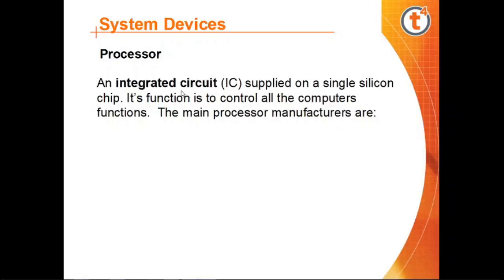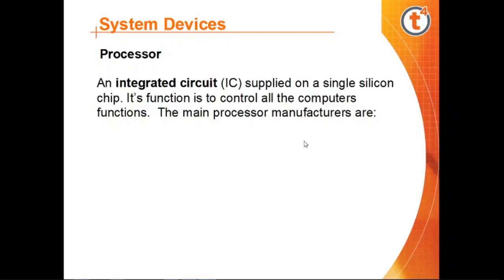We can call it an IC. It comes in small size, made of silicon material, and can hold anywhere from hundreds to millions of transistors, resistors, and capacitors. So the IC is supplied on a single silicon chip. Its function is to control all the computer functions.